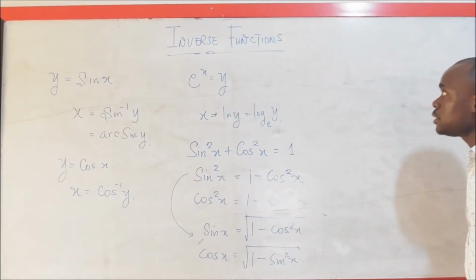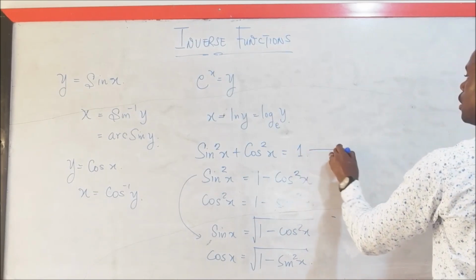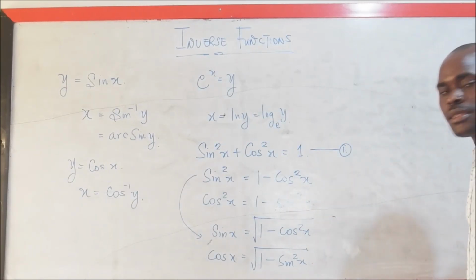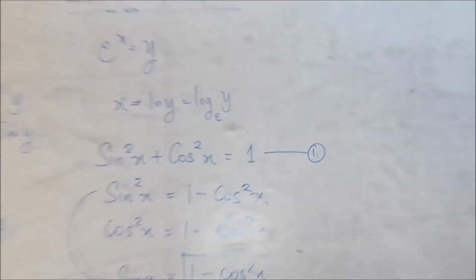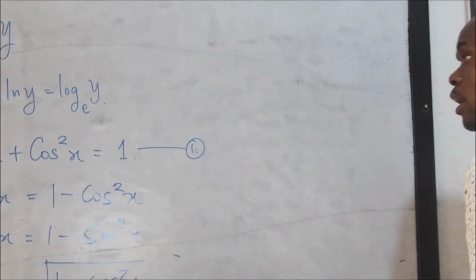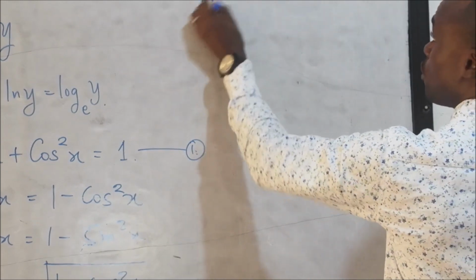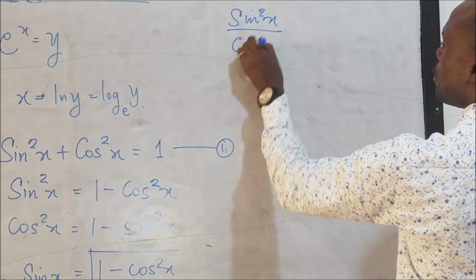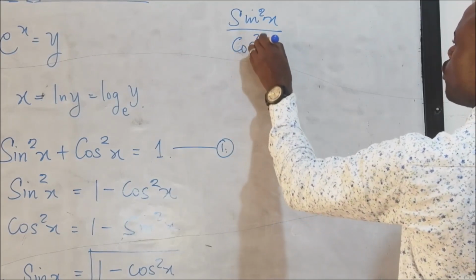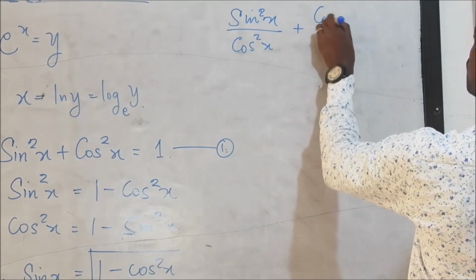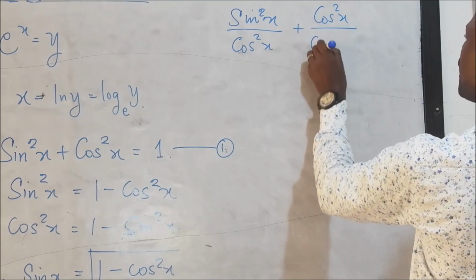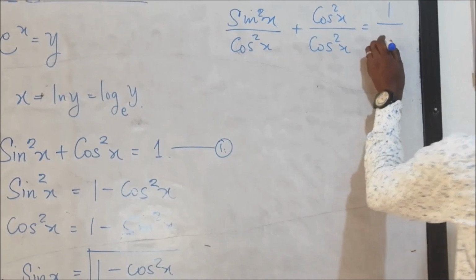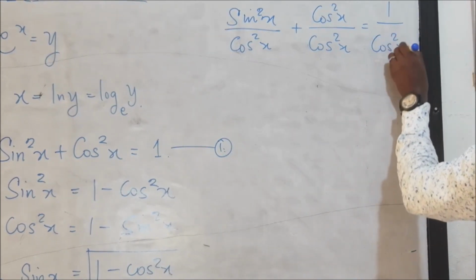Now with all this, let me call this equation 1. If we divide it by cos square x, this is going to give us sine square x over cos square x plus cos square x divided by cos square x, and that is equal to 1 over cos square x.